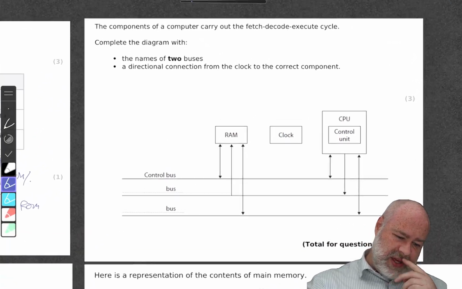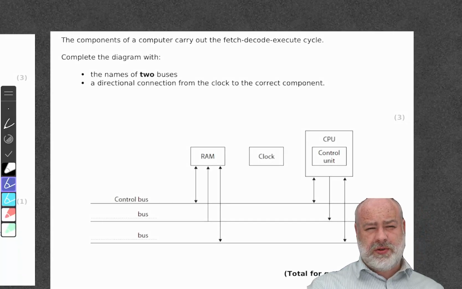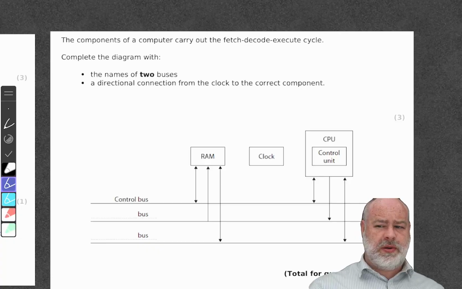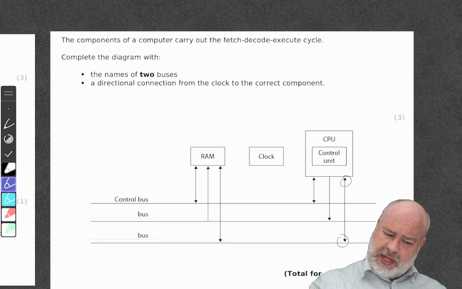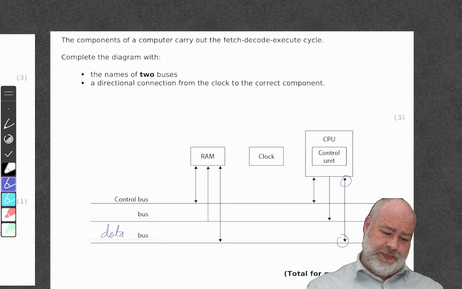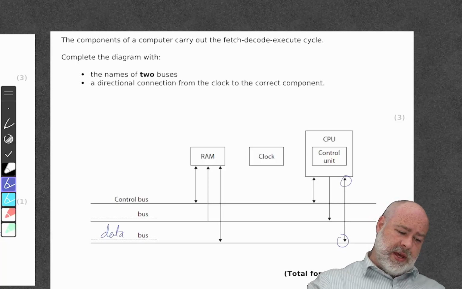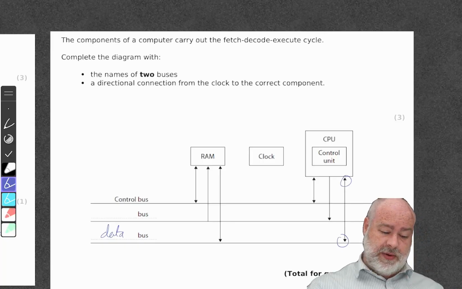The components, this is nice and straightforward. 3 marker. It gives you one of the buses already, so you just need to remember 2 of them. Now, a bidirectional bus here is the data bus, so already I'm going to deduce that that's the one for there. And that's really what they're testing you on, is can you remember which one's bidirectional?